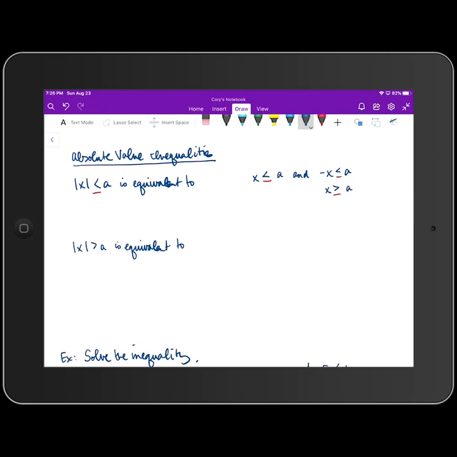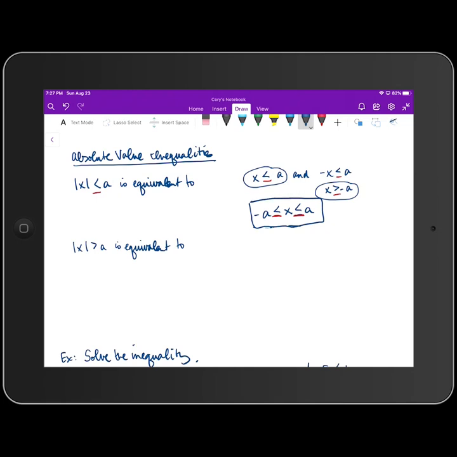And when you combine those two statements, if you rearrange these two inequalities from smallest to largest, the smallest value is -a, and that's going to be less than or equal to x, which is going to be less than or equal to a. I'm going to do those in red to show that those are two different statements. And that right there is going to be your output for that first inequality.